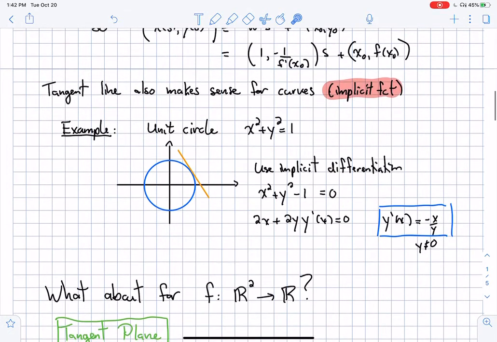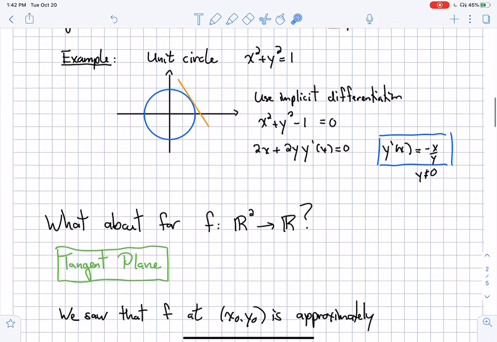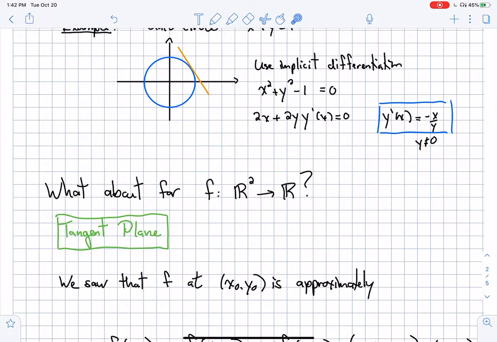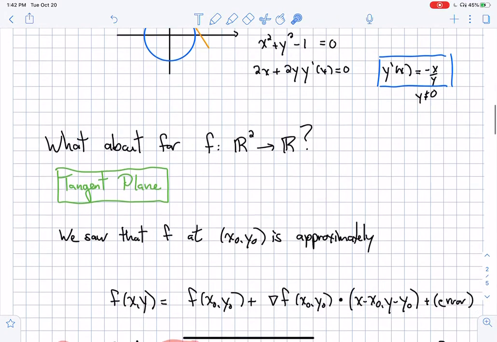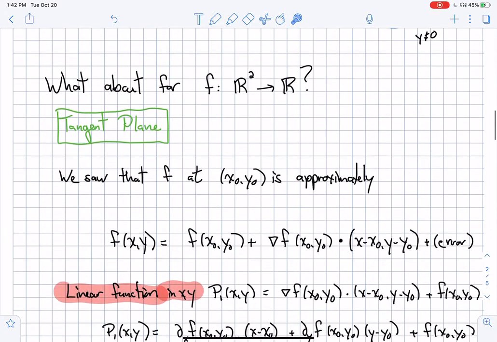Now, how do we do this for a function of 2 inputs to R? So what we're going to get is not a tangent line, but a tangent plane. All right, so we start doing this. Remember when we looked at the differential in the last lecture, I did an example of the differential. The point of the differential is to look at how the function varies at first order of approximation.